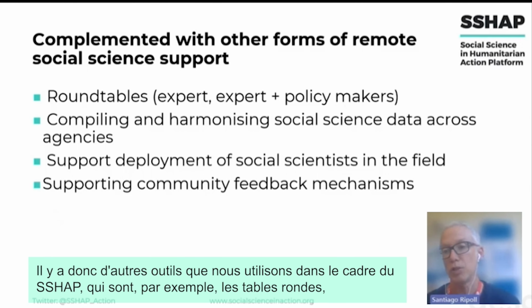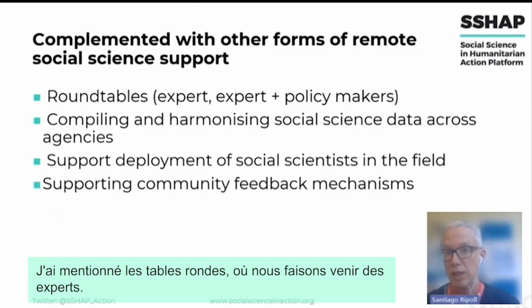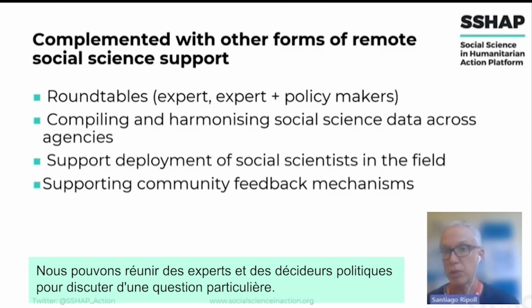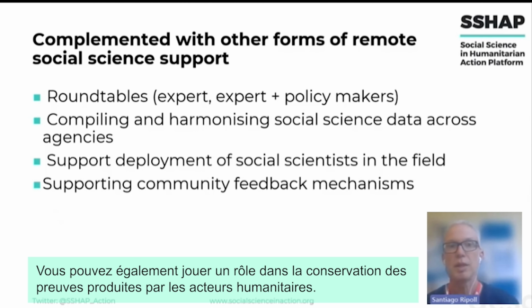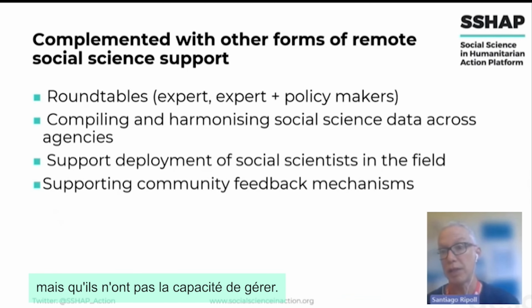So there are other tools that we use as SHAP, which are, for example, I was mentioning the roundtables, where we can bring experts and policymakers to discuss a particular issue. And you can also have a role in curating the evidence that is being produced by humanitarian actors, but they don't have the capacity to manage.